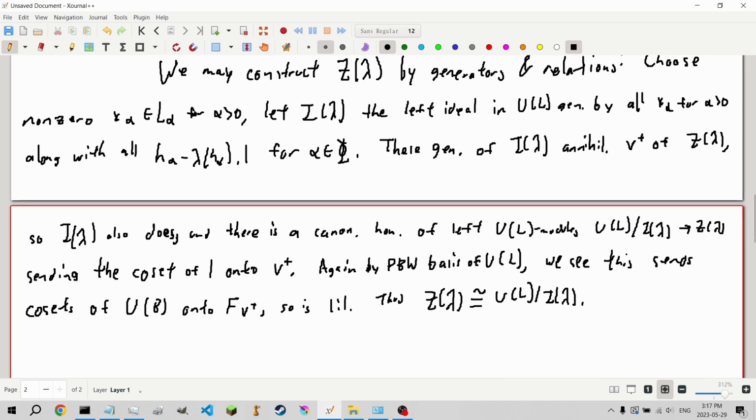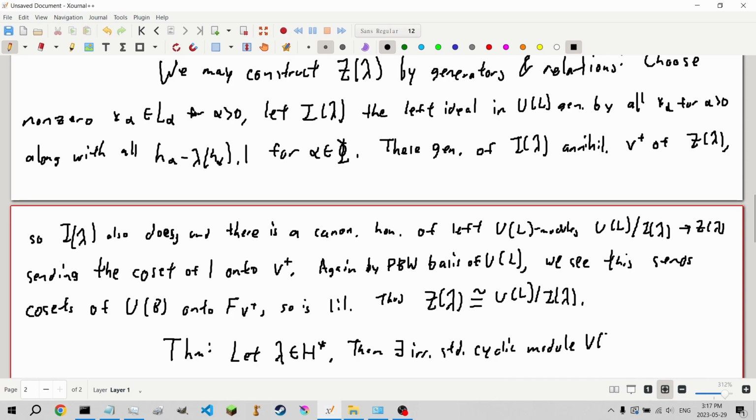Now there's a quick theorem before I move on to our next chapter. Let lambda be in H star. Then there exists an irreducible standard cyclic module V lambda of weight lambda.